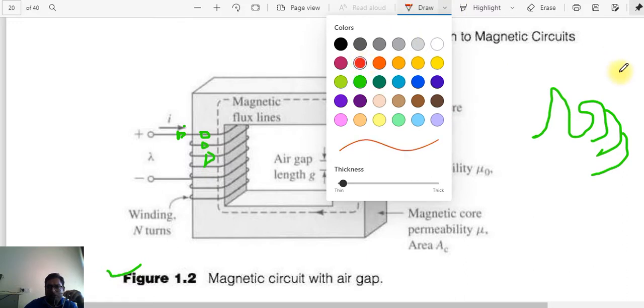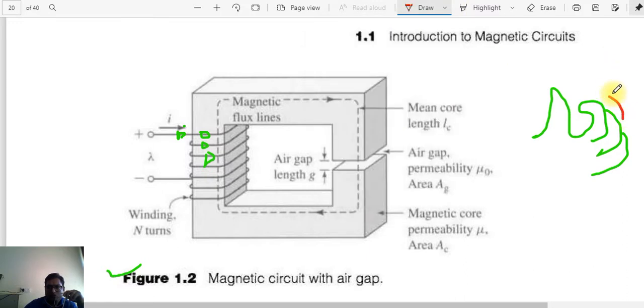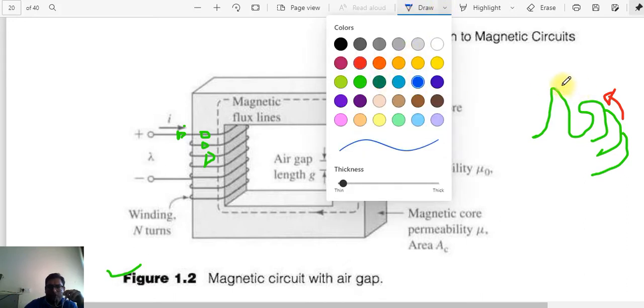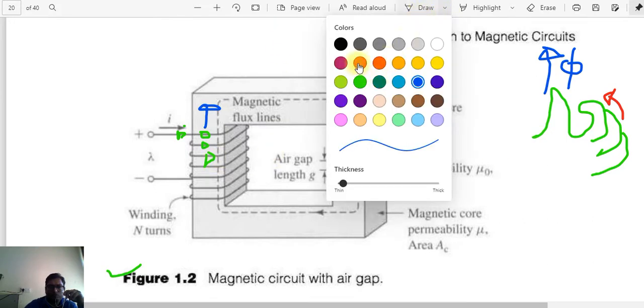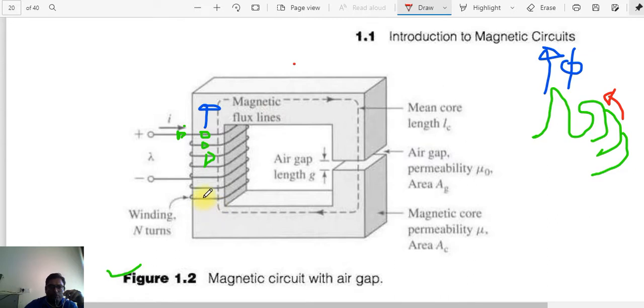With the closed finger direction being the direction of current flowing, this is the direction of flux. So the flux will be in this direction, and the current will be in this direction.